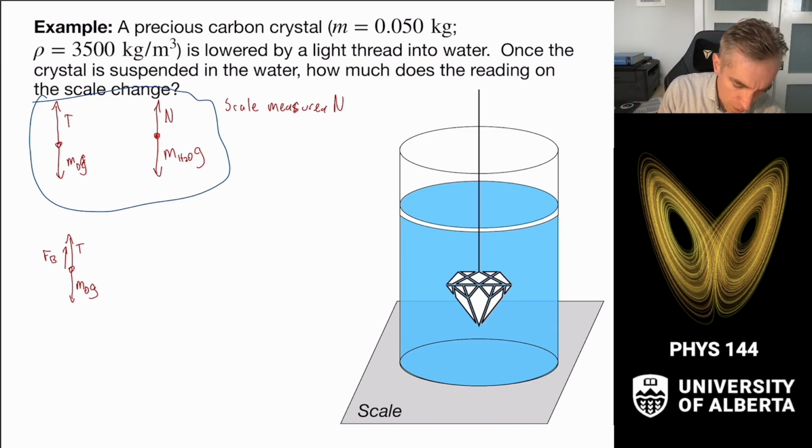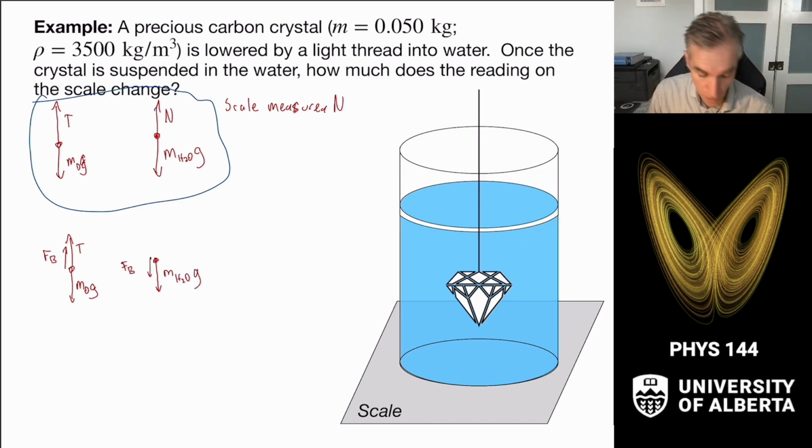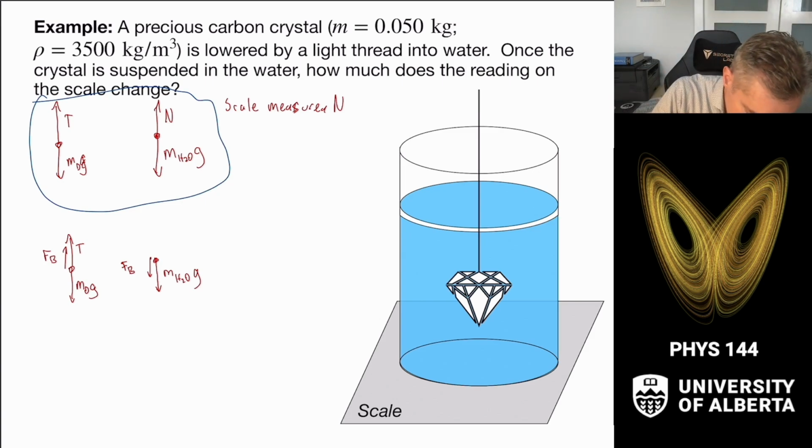So the tension force decreases, and there's this buoyancy force upward. That buoyancy force must come from somewhere, and it's going to exert a downward equal and opposite, Newton's third law force on the water in the system. And then there's going to be a new normal force, which is going to increase relative to the original normal force.